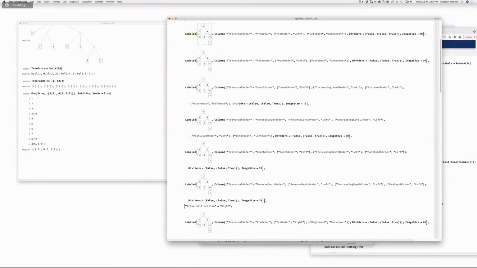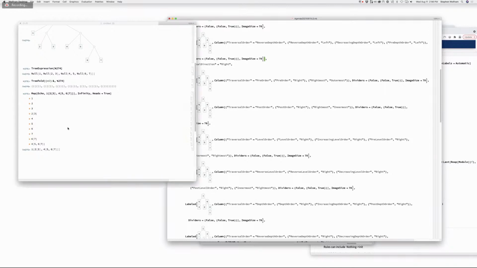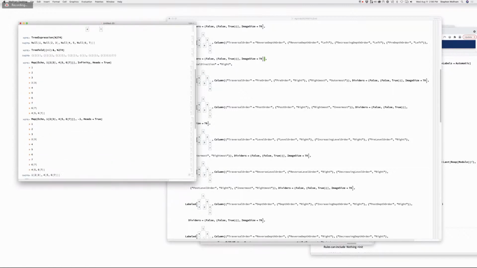Okay, so let's understand what it would look like in map. What are negative levels? If I do the same thing and I say level -1 there, okay, that does the same traversal order. That's just saying which part of the tree to paint.